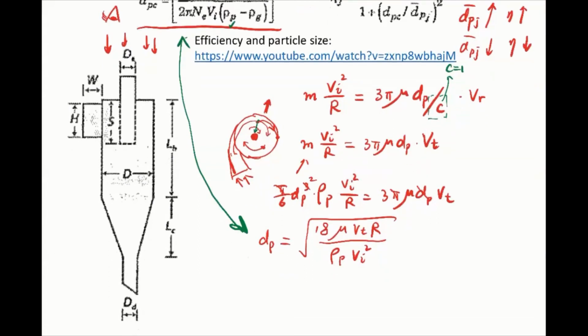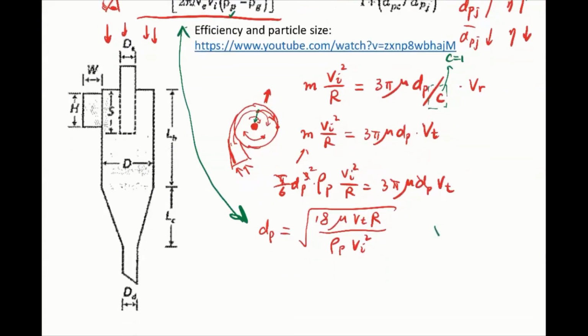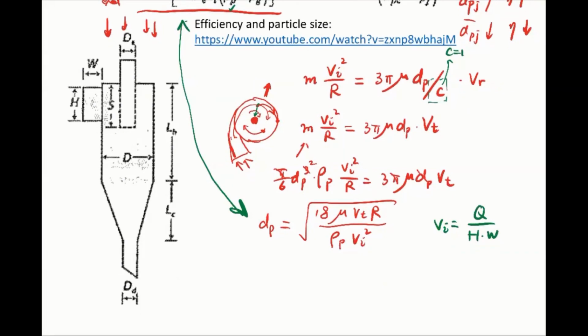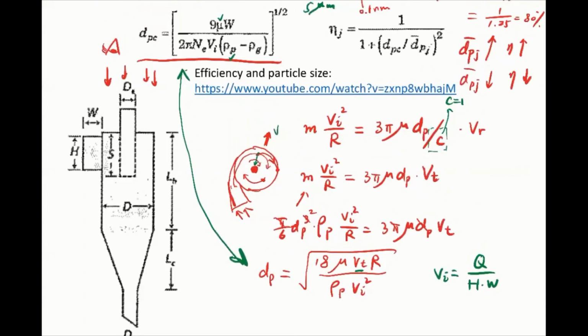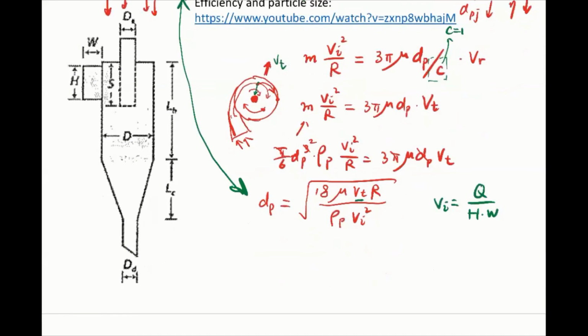We know that vi is just Q divided by H multiplied by W. That's the inlet velocity, right? And then we just need to find out what vt is. Vt again is the velocity of the particle that goes in the radial direction, right? That can be solved in terms of the trajectory of the particle.